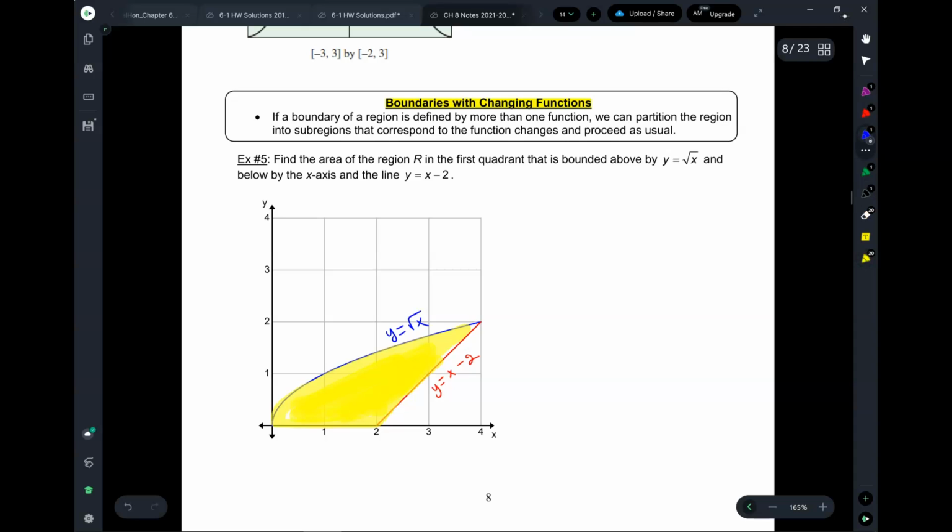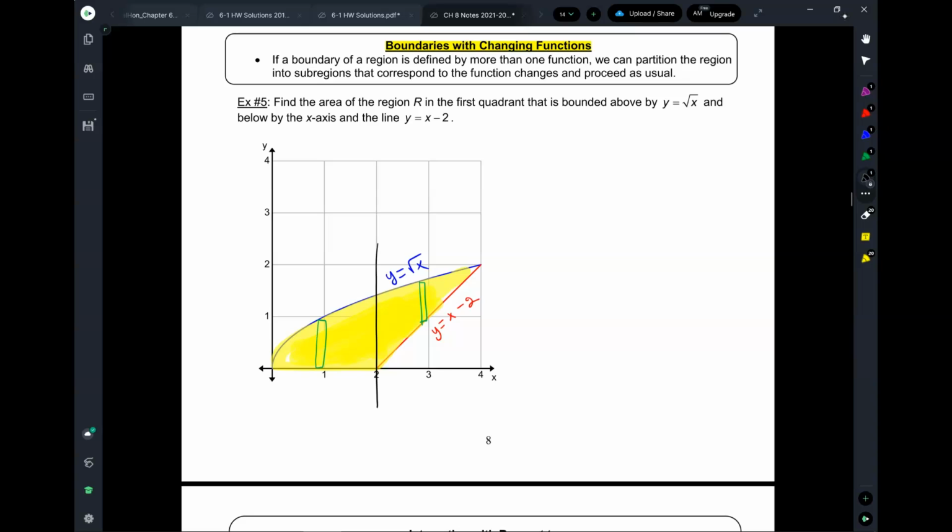If I take a rectangle here, the base above is √x and the base below is the x-axis. But if I take a rectangle here, the base above is √x, but the base below is x minus 2. So there are different regions here. Where does the crossover happen? At x = 2. These are two completely different setups, two completely different rectangles. So I have region 1 and region 2.